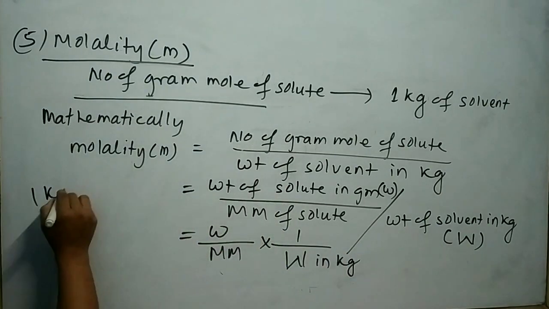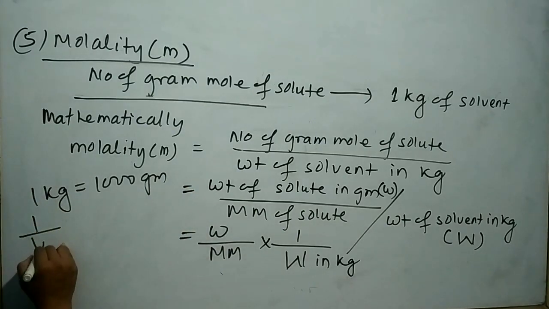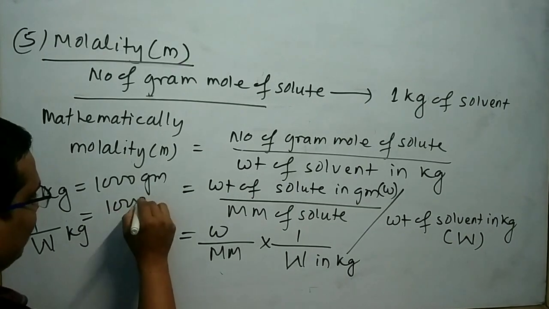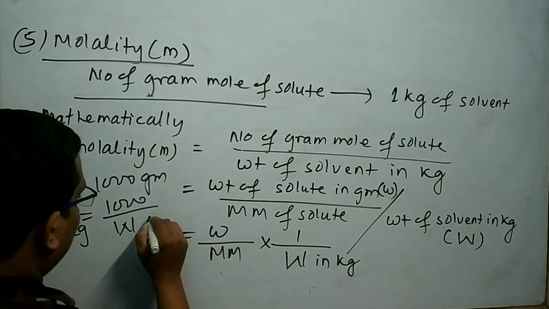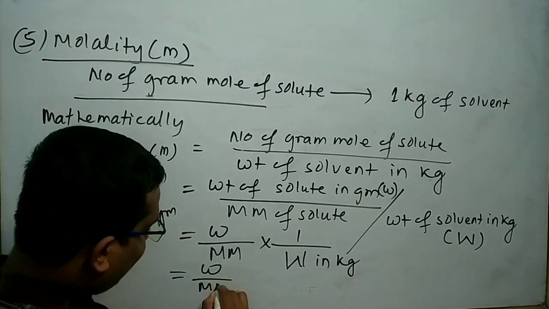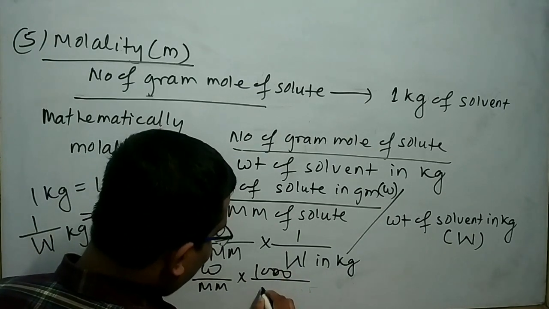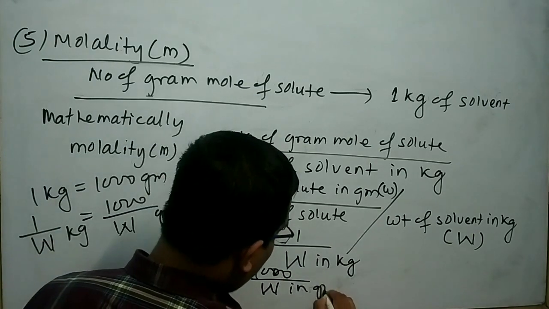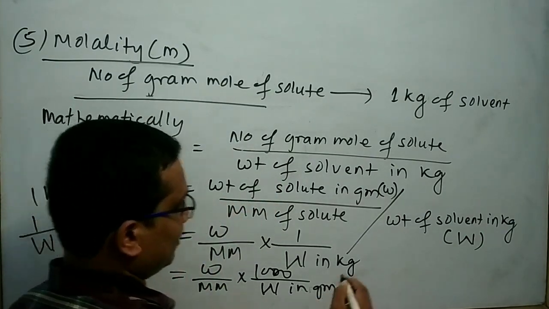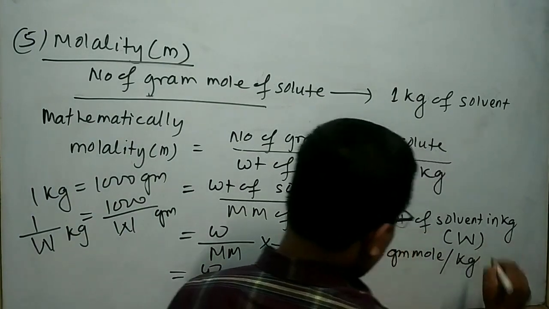We know that 1 kg equals 1000 gram, so 1 by W kg equals 1000 by W gram. So I can write small w by molecular mass into 1000 divided by W in gram. The unit of molality is gram mole per kg.